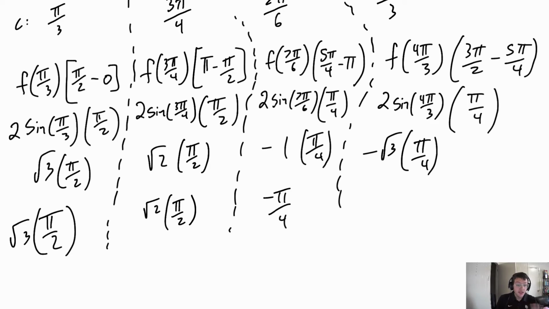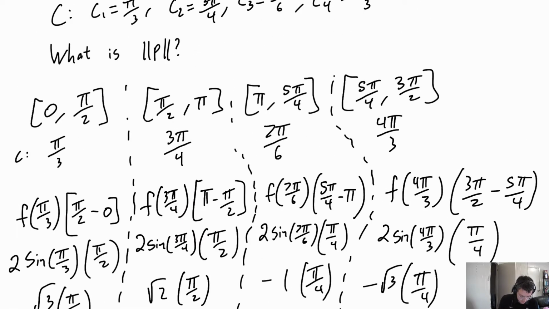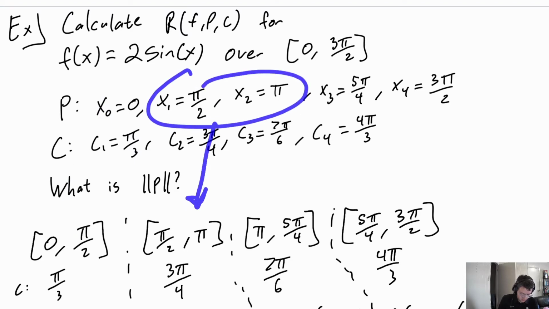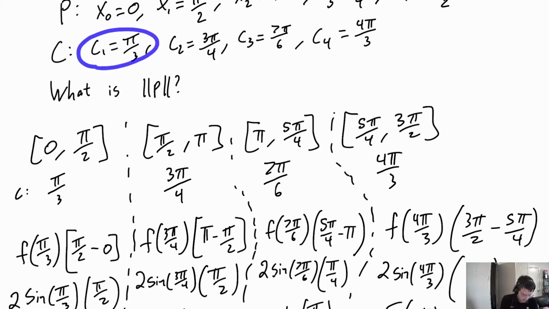Let's recall all we did, despite the fact that I got my unit circle wrong. We were given a set of partition points, and we took 2 partition points at a time and made an interval. In each interval, we were given a sample point.